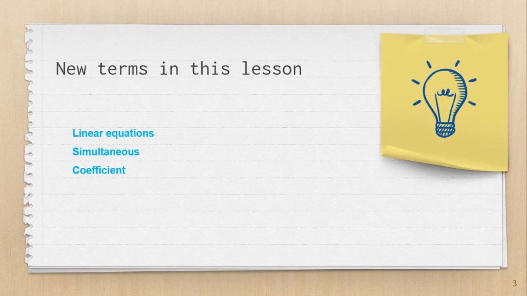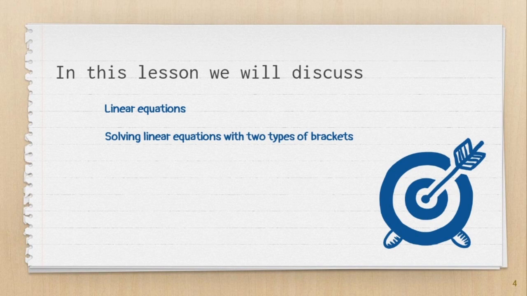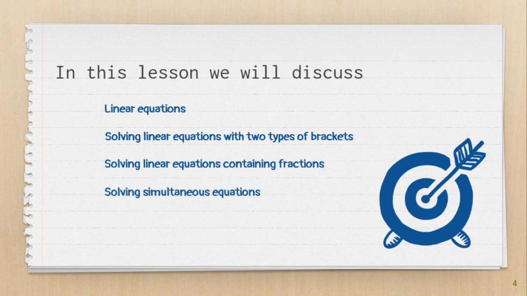There are the terms that you have to identify in this lesson. I am explaining about these terms in the lesson. So you have to keep those in your mind and use it. In this lesson, we will discuss how to solve linear equations with two types of brackets, how to solve linear equations containing fractions, finally, solving simultaneous equations.